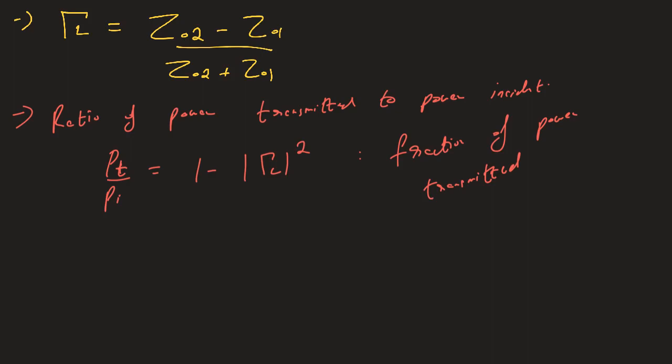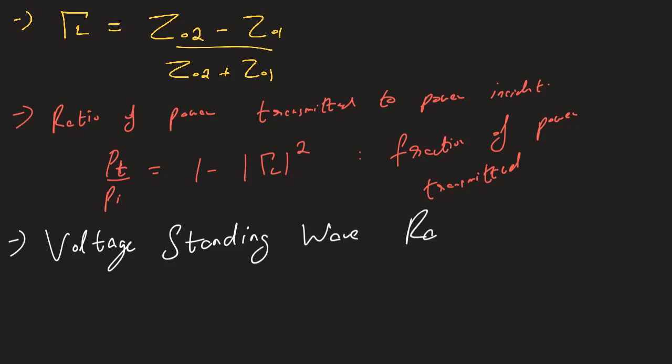Now if that's okay for most of us, then I actually want to start a new topic, and this is a conceptually very revealing topic, and I think a lot of the stuff that we've been talking about should become clear after this. This is something called the voltage standing wave ratio, and we'll be calling this VSWR for short.